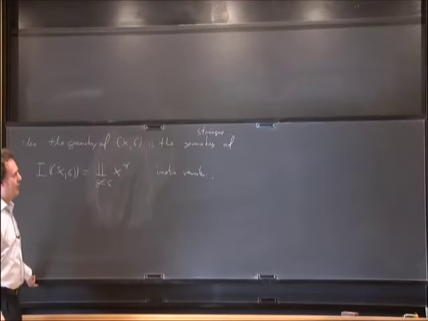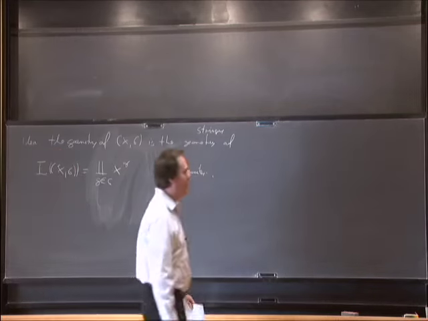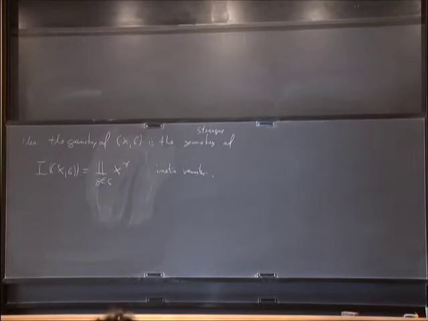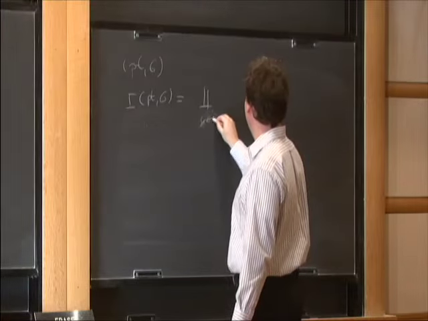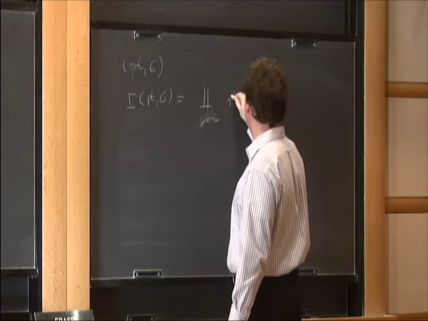If you want, I can give you an example, but maybe I can do it here. The simplest example, which is always fun to keep in mind, is you take a point with a G action. Then I(point, G) would be just the disjoint union over group elements g in G, and the fixed point is just this point, so you would have a point here.